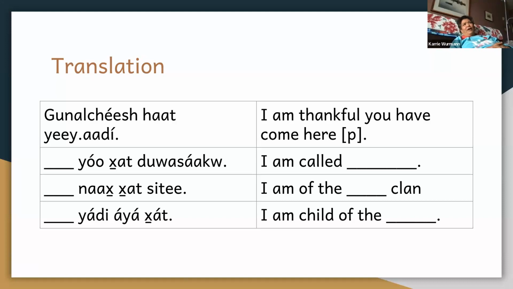I think the clan is, from what I understand, we're the frogs. I remember they were telling me all about it, but I do know it would be the frog clan.